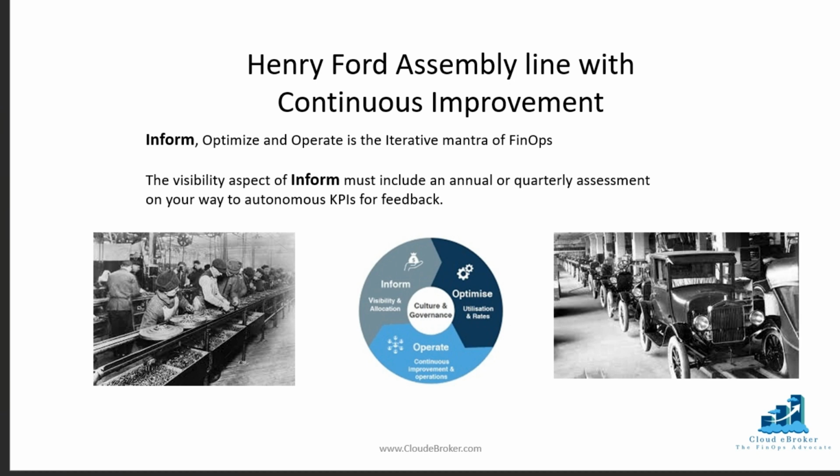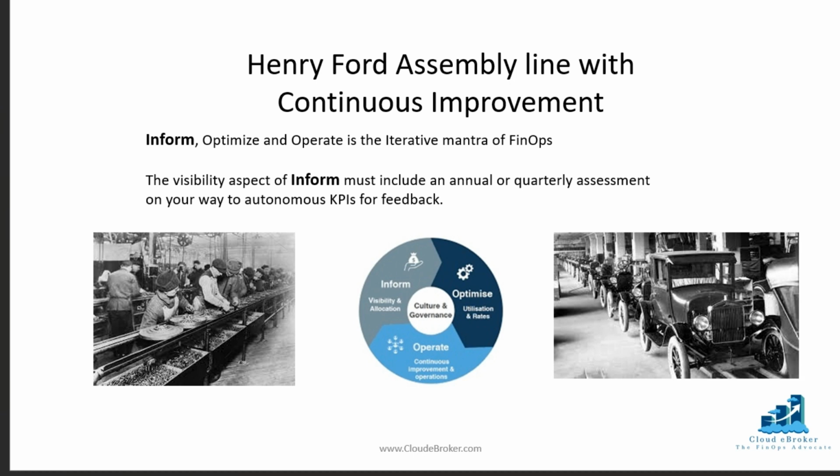The assessment is part of the inform phase. What you learn from your assessment, you'll use to optimize. You'll then run that optimized configuration, and you'll start again with the assessment. Now, when you begin, your assessment might be annual. As you mature, you might move to semi-annual or quarterly. Eventually, you'll get to that automated KPI dashboard that gives people constant feedback.